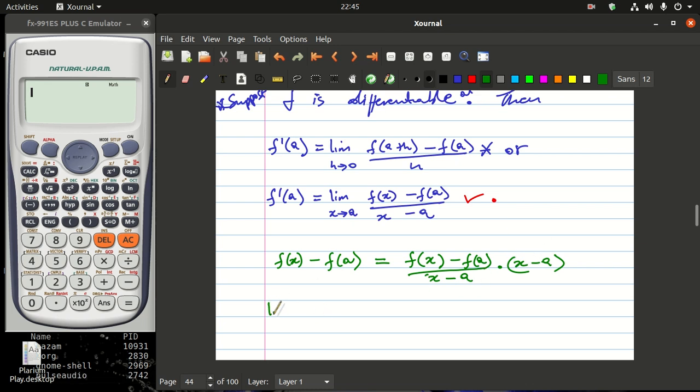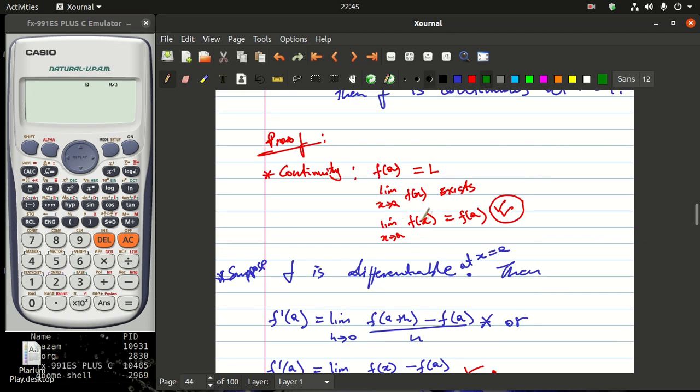Now I am going to take the limit on both sides as x approaches a. Why am I using x approaches a? Because I wanted to prove that this is true, so I wanted to use x approaches a here.